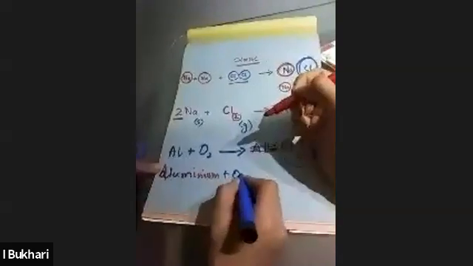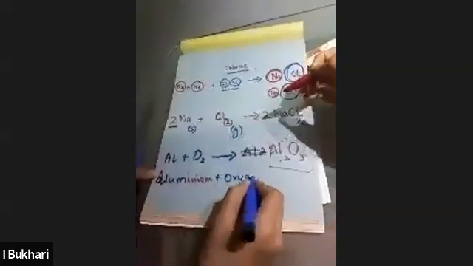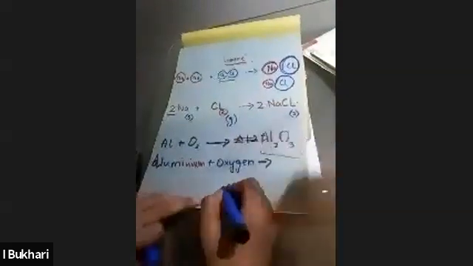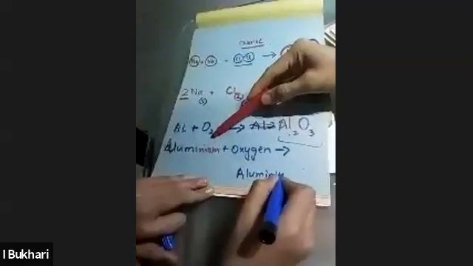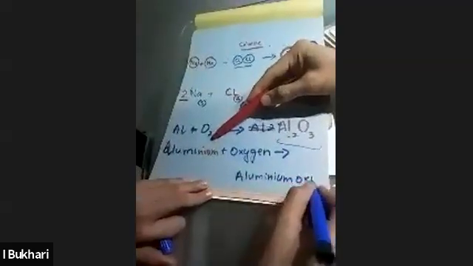This should be written with a capital A: aluminium plus oxygen giving aluminium oxide. So we will do the balancing of equations later, okay?